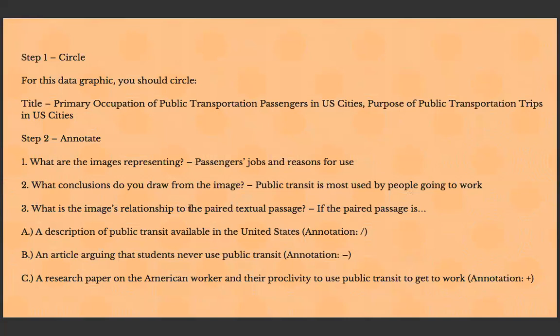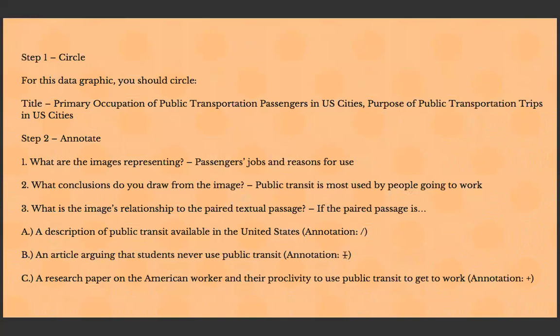What is the image's relationship to the text? If the text is about a description of public transit available in the United States, it has no relationship to each other, therefore it's a slash. If it's an article arguing that students never use public transit, that's false.